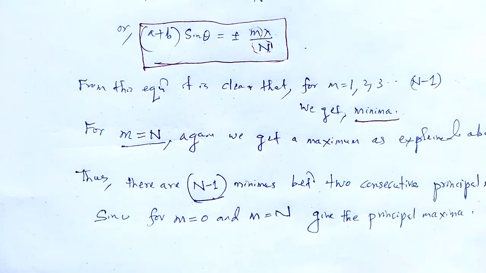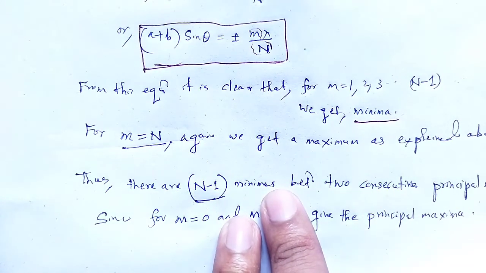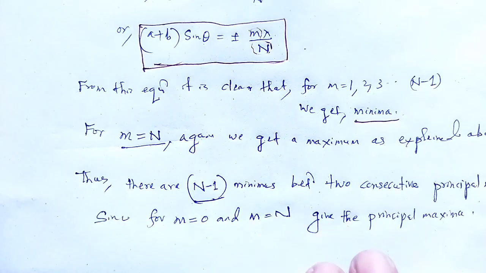So, the positions of these secondary maxima can be found. We have to differentiate the intensity with respect to the phase difference.